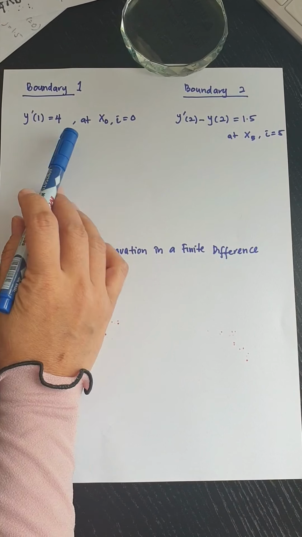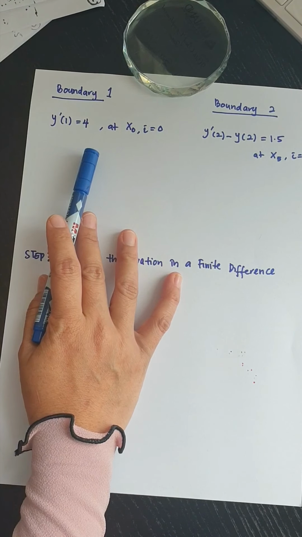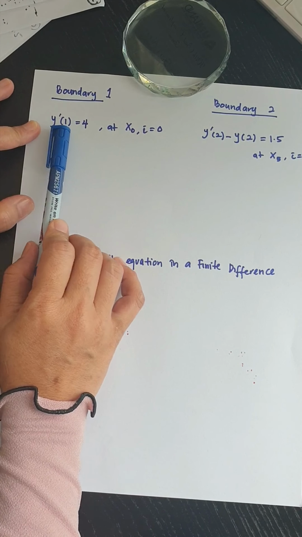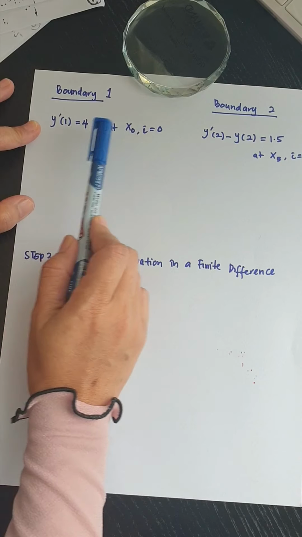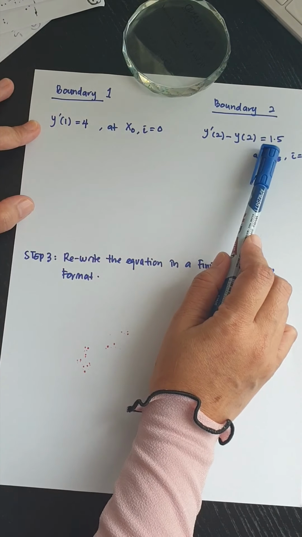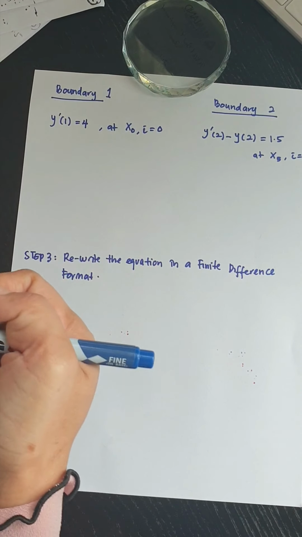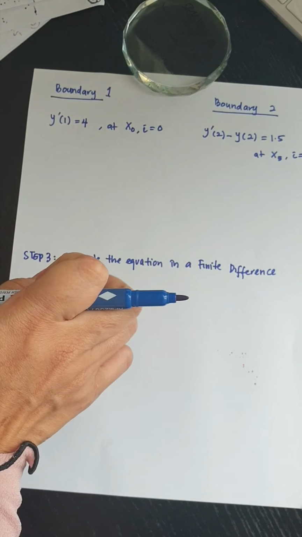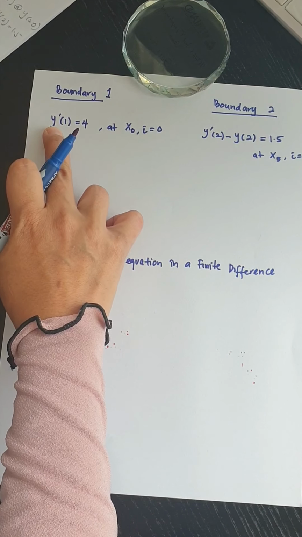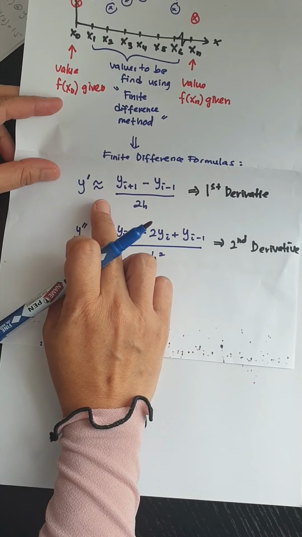Okay, so now we have to find the value at the boundary first using the derivative formula. It's been given in the question that y prime at the start point is equal to 4, and at the end point y prime minus y equals 1.5. Now we go to the first boundary first. You have to substitute y prime using the derivative formula given in this chapter.